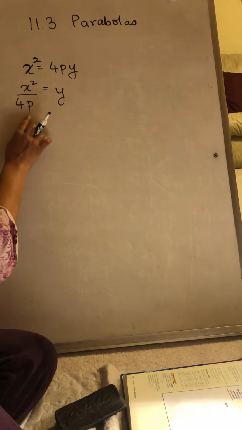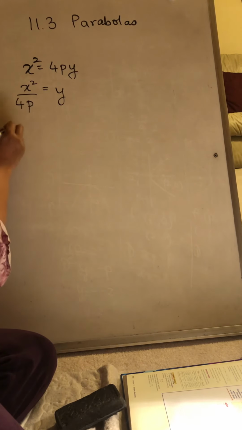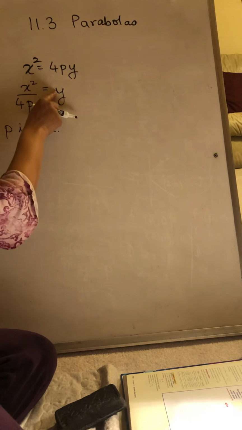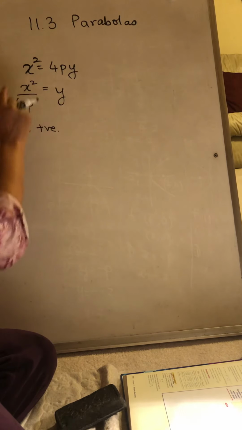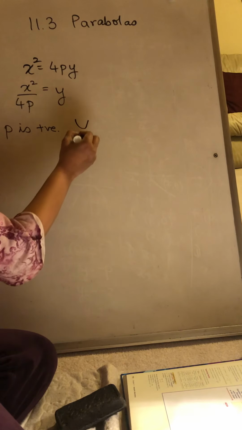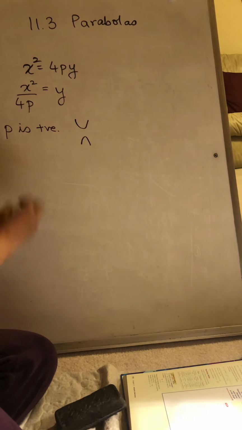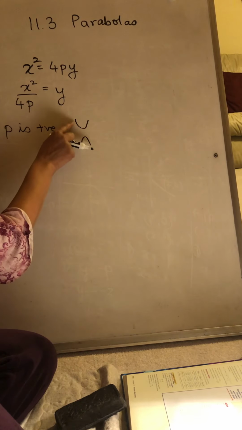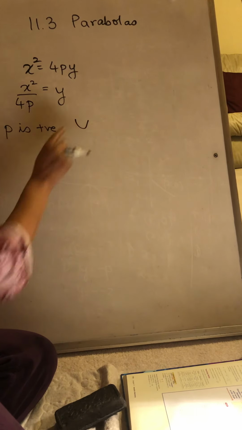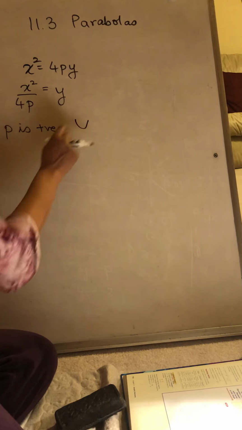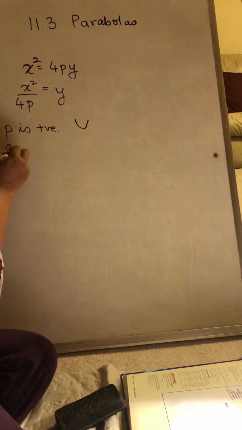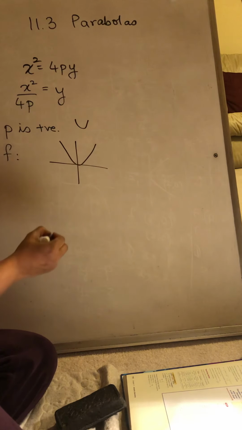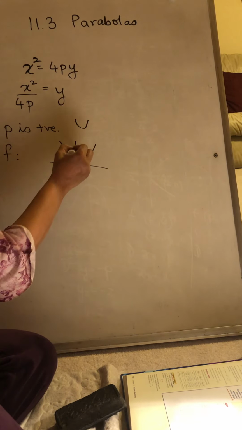So if P is positive, first of all identify this. Y is linear, x is quadratic, which means it's either up or down. Since P is positive, out of these two, it's going to be the one facing up. So when it's facing up like this, what's the focus going to be? Your vertex is always at the origin. Your focus will be here.